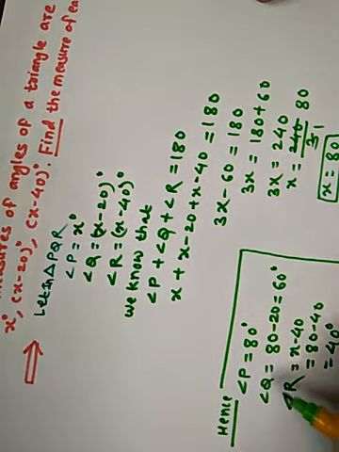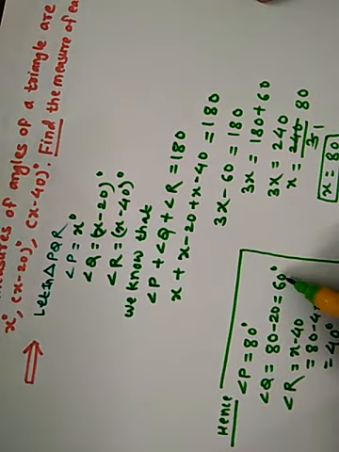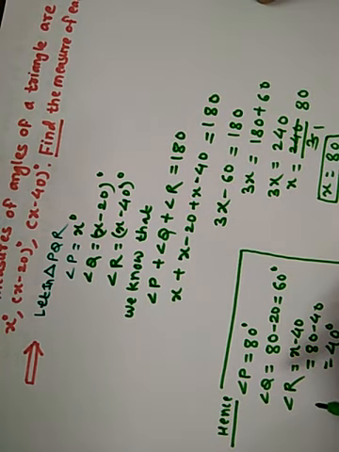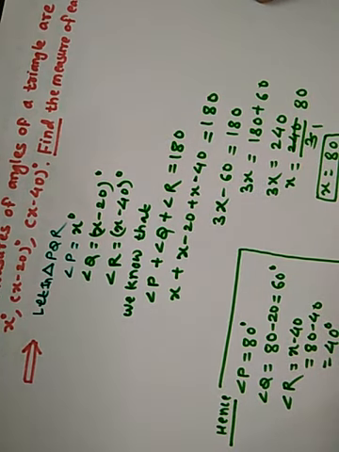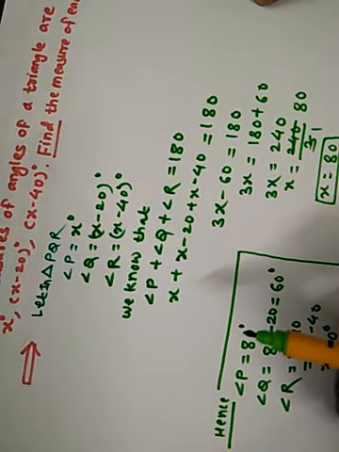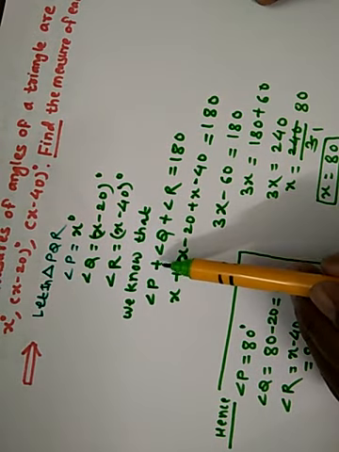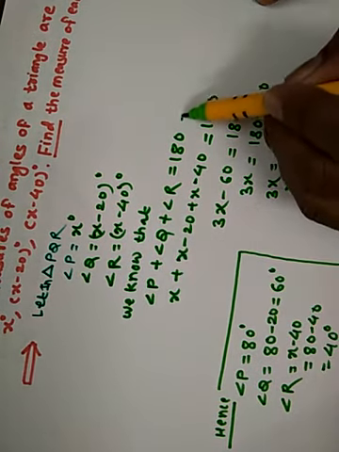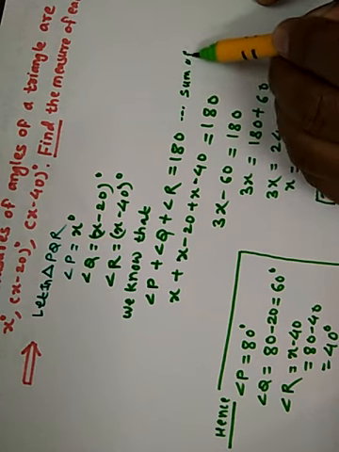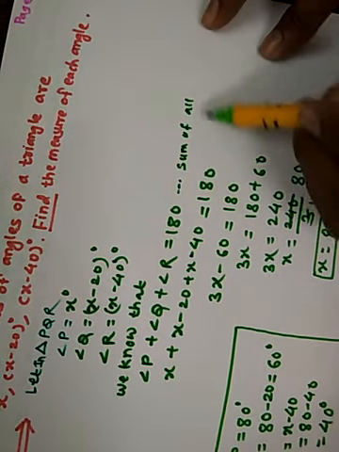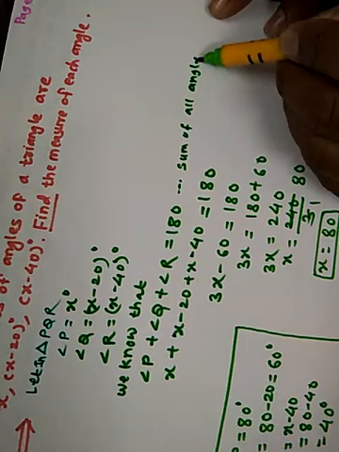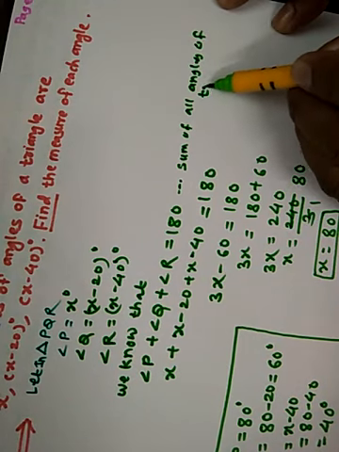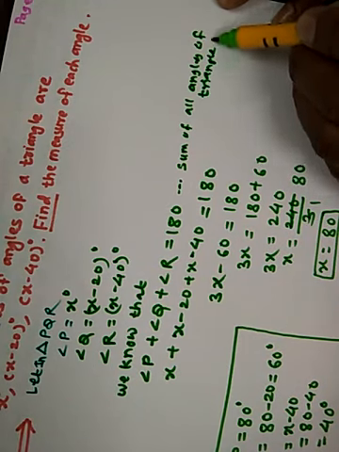Therefore angle P is 80 degree, angle Q is 60 degree, angle R is 40 degree. These are the measures of the respective triangle. This means that if the three angles are given in variable form, we find them by using the same property, that the sum of all angles of a triangle is 180 degree.